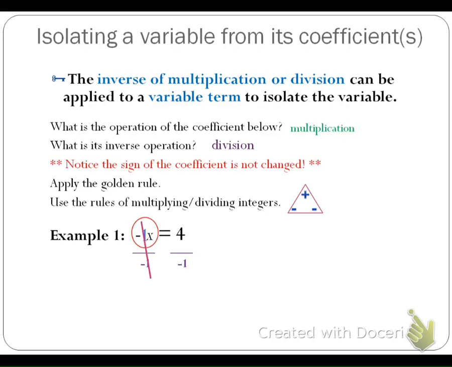After that, you have to use your rules of multiplying or dividing integers. Remember, this is not SOB. We gave you many different techniques to remember multiplying and dividing integers. Here I gave you the sign triangle again. Let me just remind you how that works. You have a positive 4, so you cover up a positive sign.